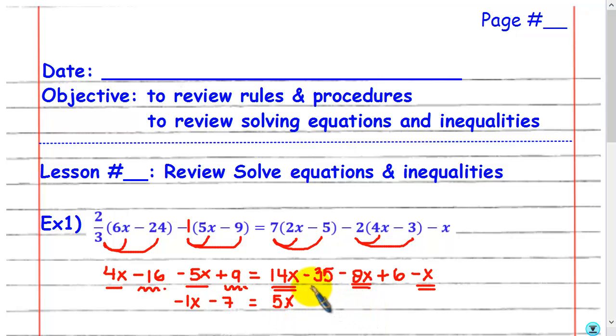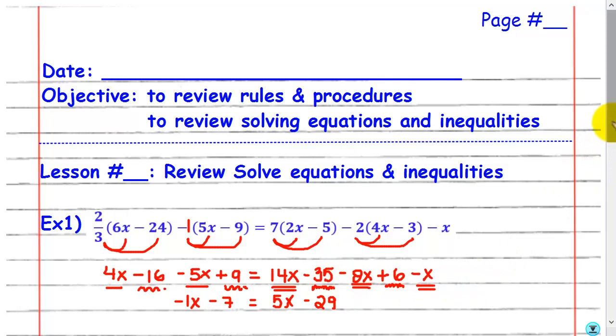And then we have negative 35 and positive 6. And we're going to combine that and we're going to get negative 29. Alright, so we eliminate parentheses by multiplying. Then second step, we combine like terms.